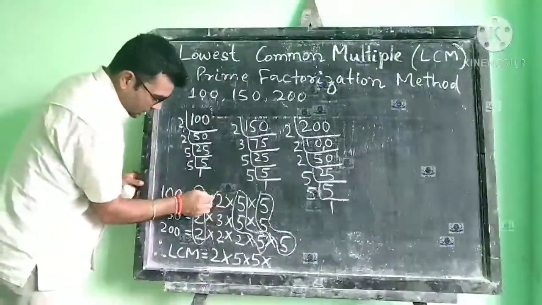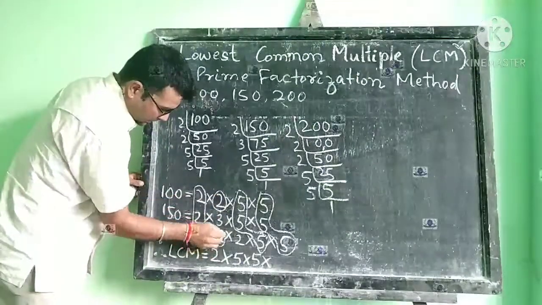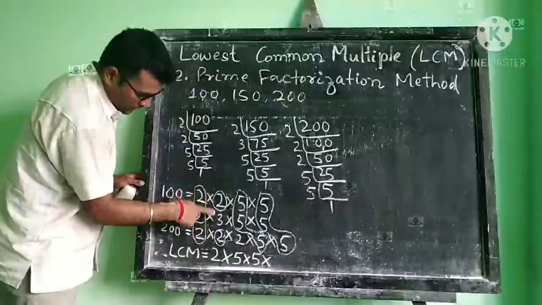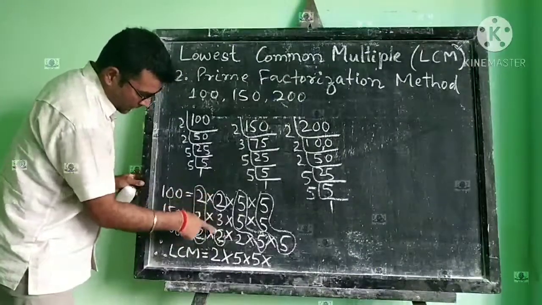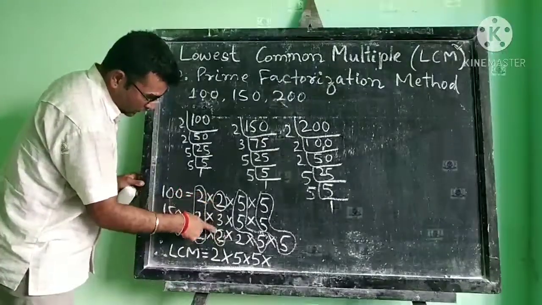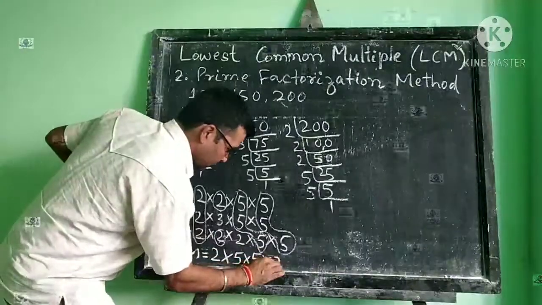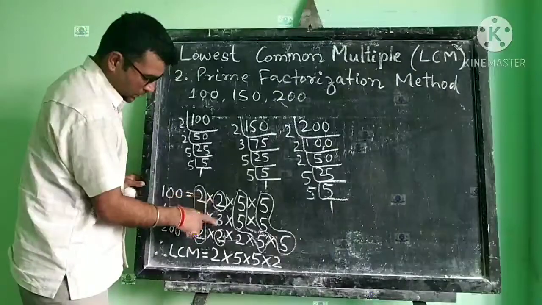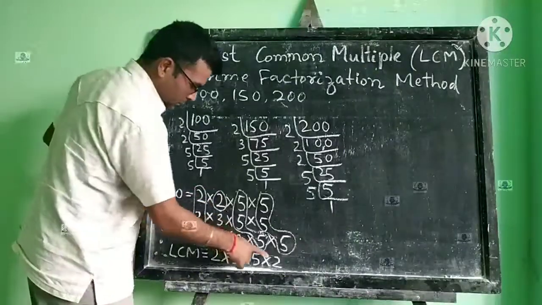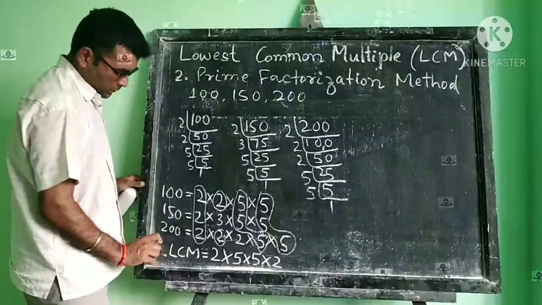Suppose here is one, here is another, but here is no 2. There is no common in all, although this 2 is common in two numbers. That means for this common 2 we can write only one 2.